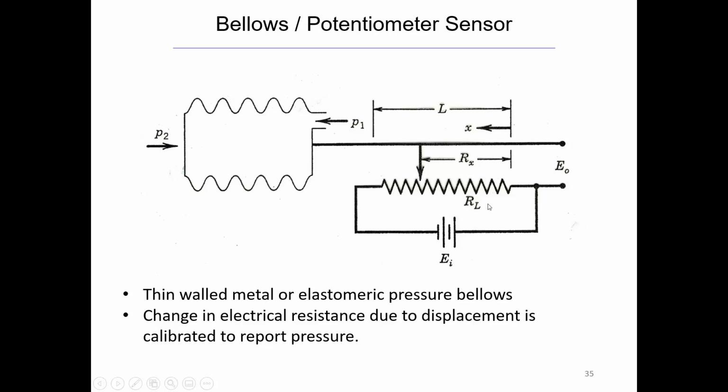So it's the variable voltage divider. We get a voltage output that is relative to this resistance over this resistance, which tells us how much our slider has displaced from this change in pressure. So we make that into a dynamic device.